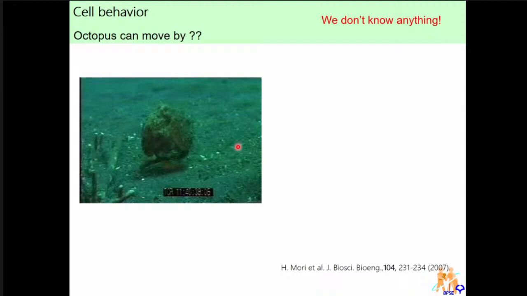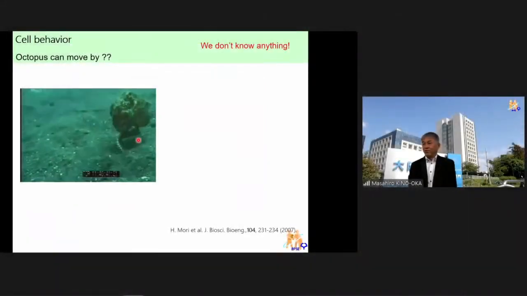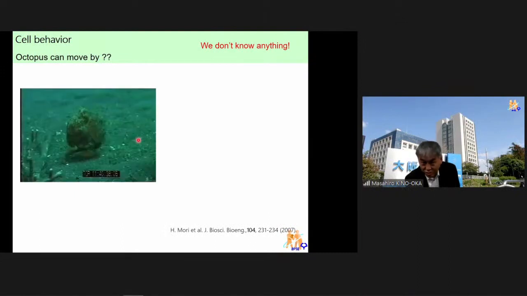Okay, so how does the octopus move? Do you know? Swim? No. Dancing? Running? How do you think? The octopus starts running. Can you see again?